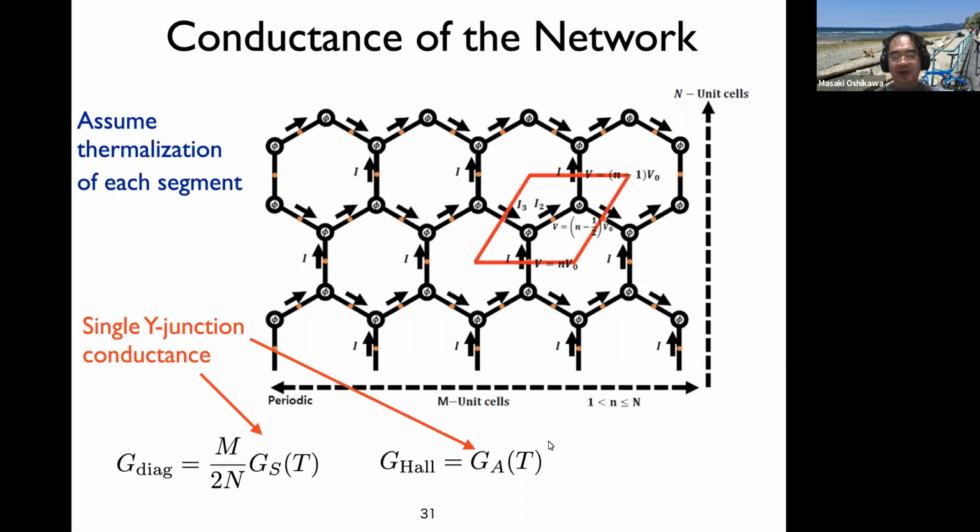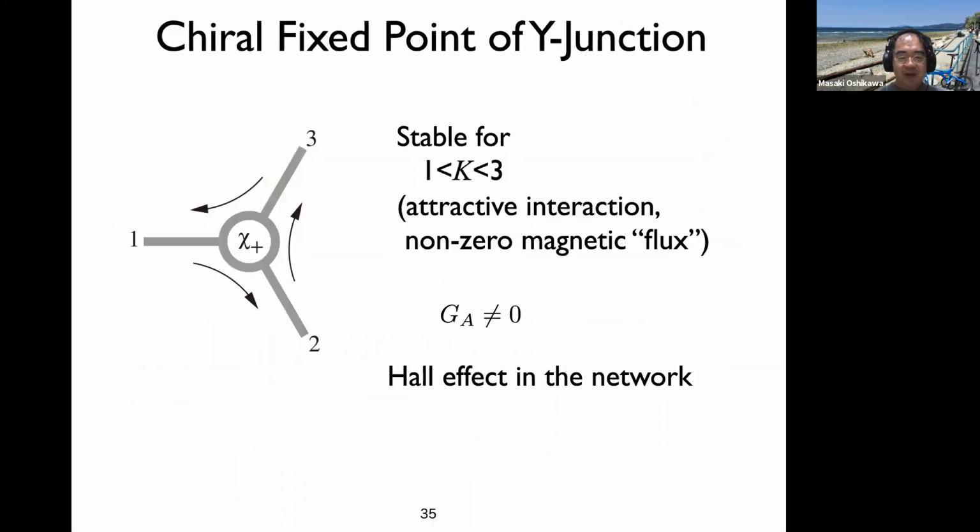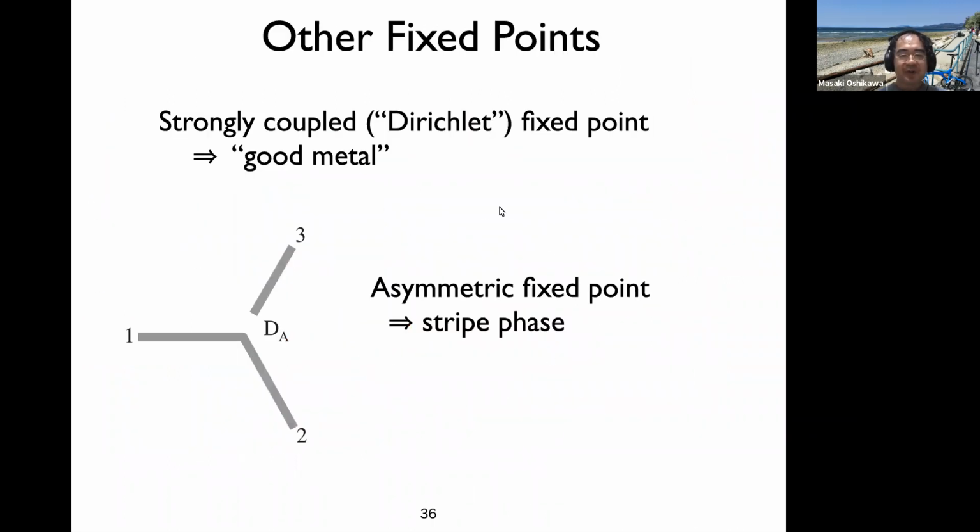So out of this chiral junction, we can have a Hall conductance of the entire 2D network. We also have strongly coupled fixed points, which give you good metallic conductance, which is also stable for attractive interaction.